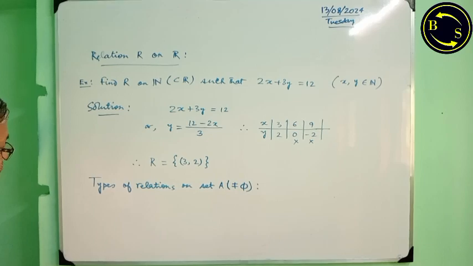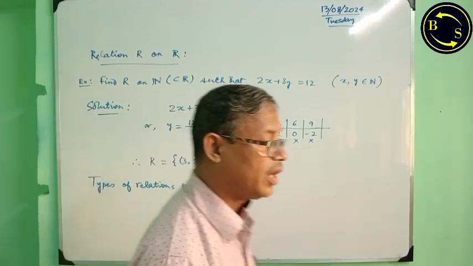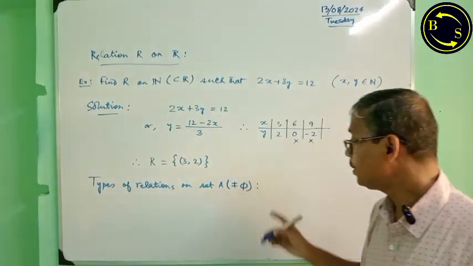What will be the types of relations on set A?